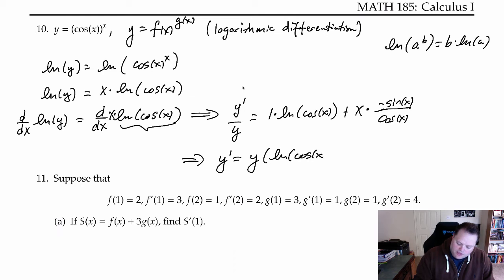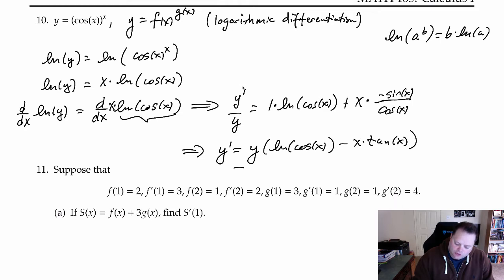Natural log of cosine. This sine over cosine is tangent, so you could write this as minus x times tangent. And then your final answer, you should replace the y with what it originally was. So the best answer here is cosine of x to the x times all of this.